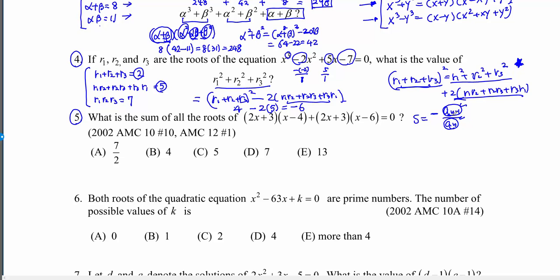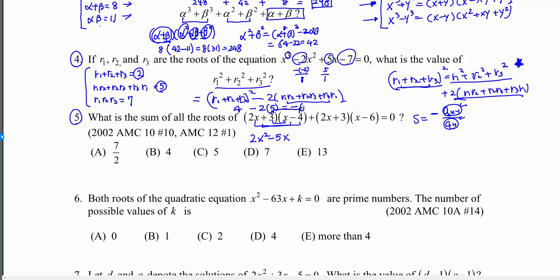But this time use Vieta's formula, okay? You can expand this one, okay? What is it? 2x squared plus 3x minus 8x, minus 8 minus 5x, right?